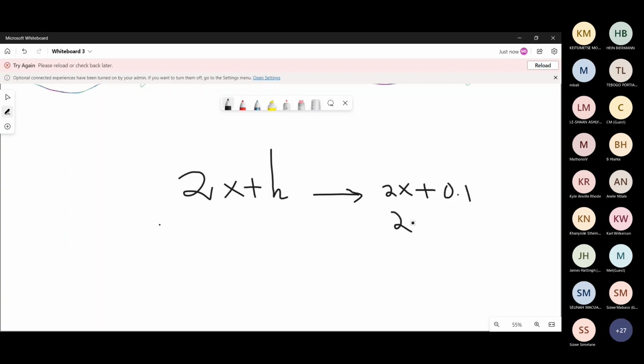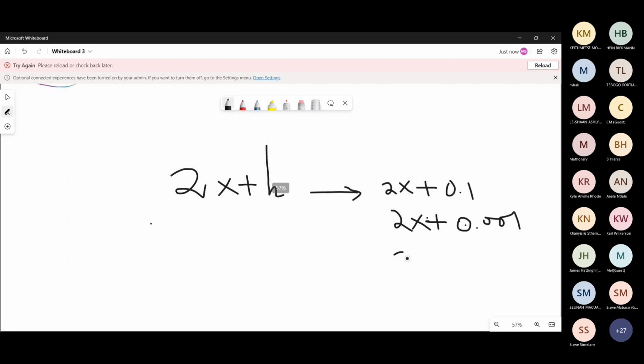Take another, even smaller than that one. Let's say 0.001. 2x plus something even smaller, something extremely small, 0.0000001. So the question is, what is the limit?